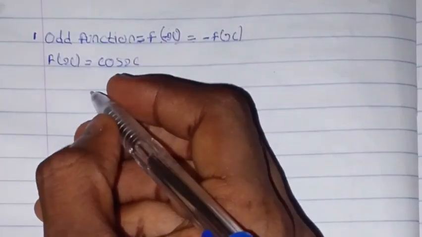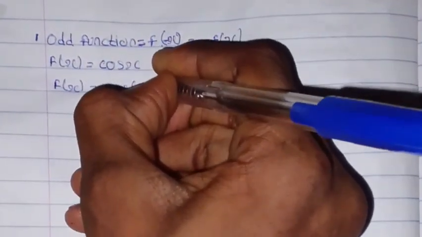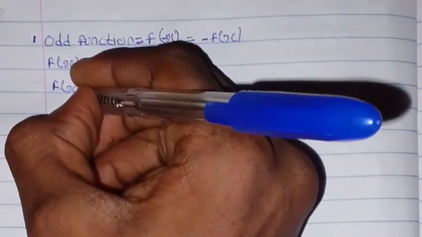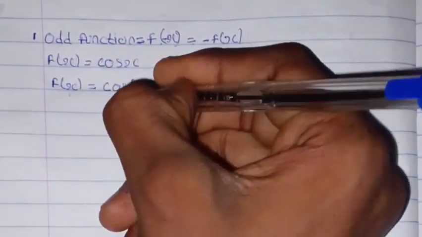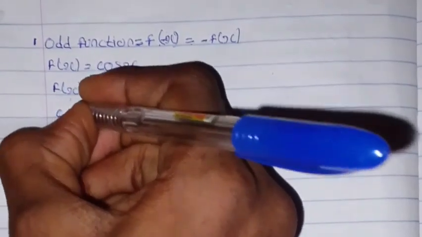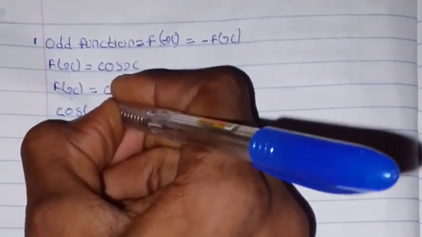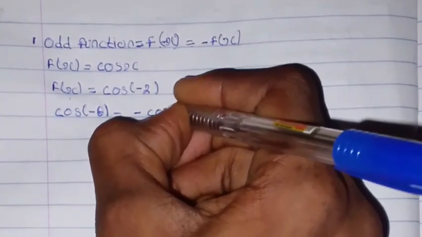Replacing x with 2, we have that the function f of x will be equal to cos of minus 2. We do not need to change x here; this represents the function itself, cos of minus 2. Now, generally from trigonometry, you know that whenever you have cos of minus theta, this is equivalent to cos theta.